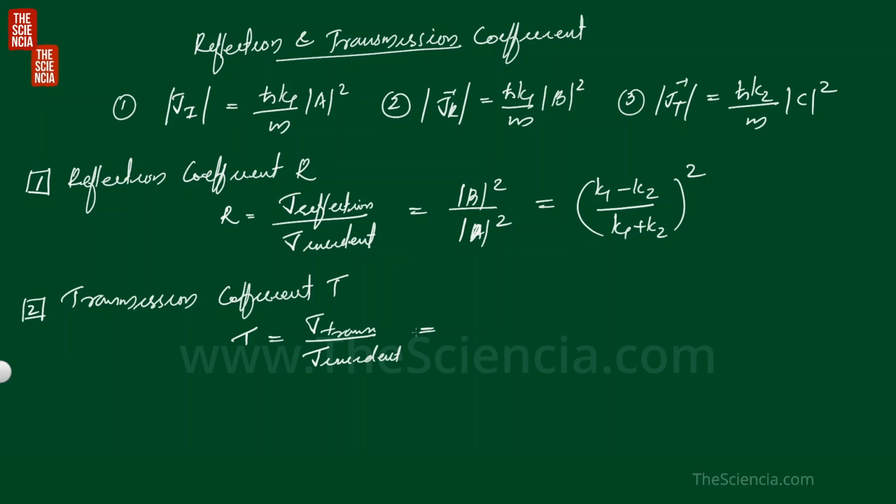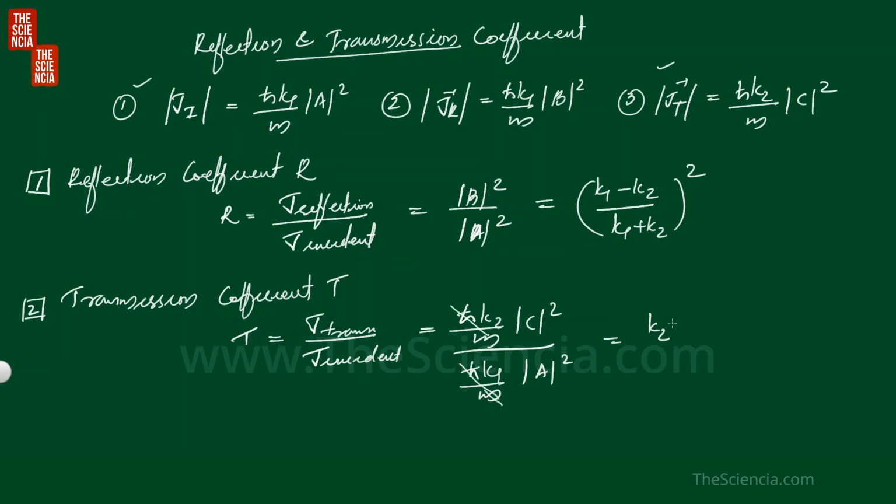What is J transmitted? That is h cut k2 by m into mod c square, divided by J incident, that is h cut k1 by m mod a square. Here h cut by m are common terms, so they cancel.